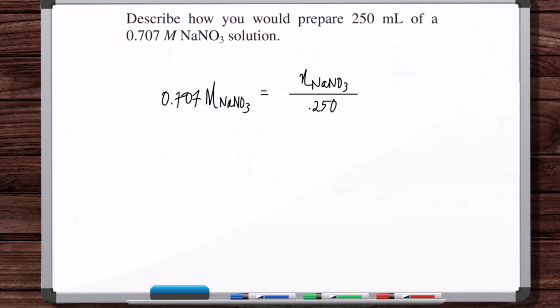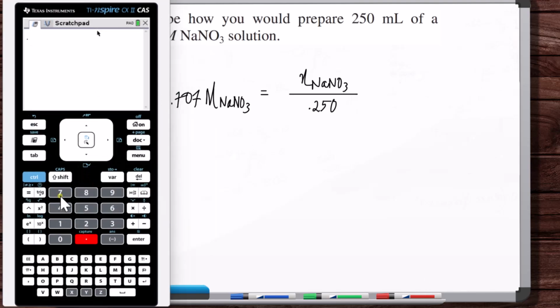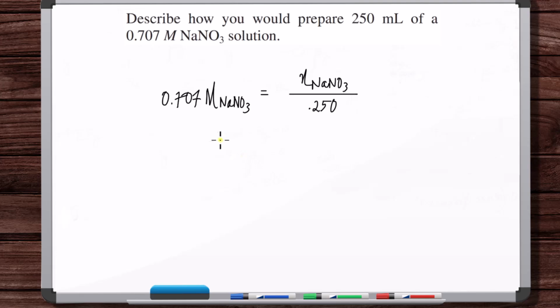Okay, so cross multiplying, 0.707 times 0.250 gives 0.17675 moles of sodium nitrate that must be in this solution.